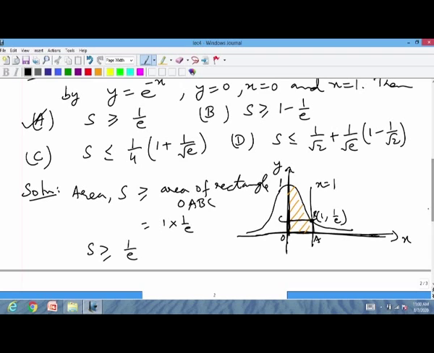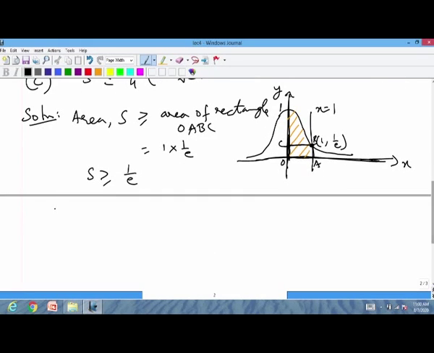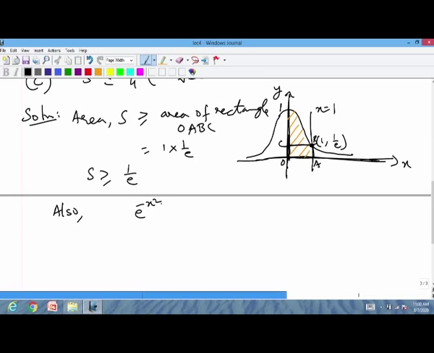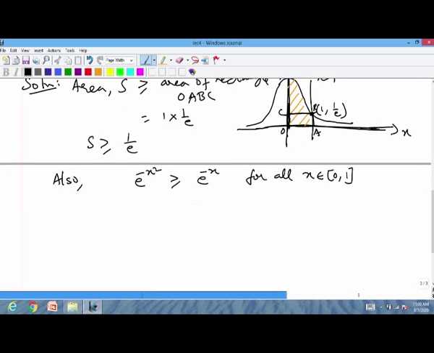Now, B says S is bigger than or equal to 1 minus 1 by e. If we compare e to the minus x square with e to the minus x, then we see that e to the minus x square is bigger than or equal to e to the minus x for all x between 0 and 1. This is because x square is less than or equal to x for x in 0, 1.